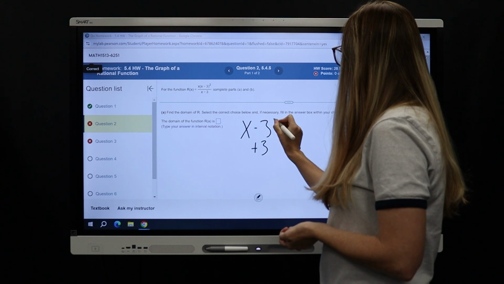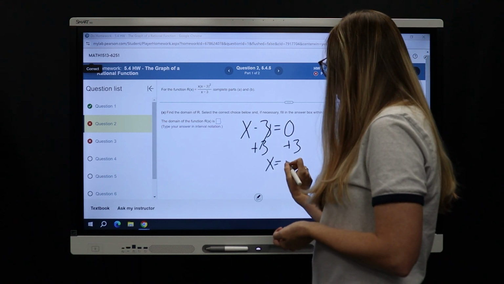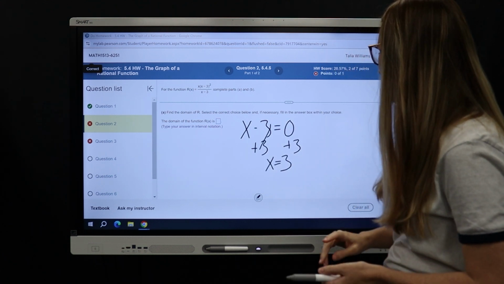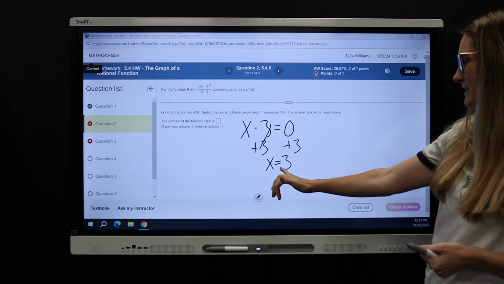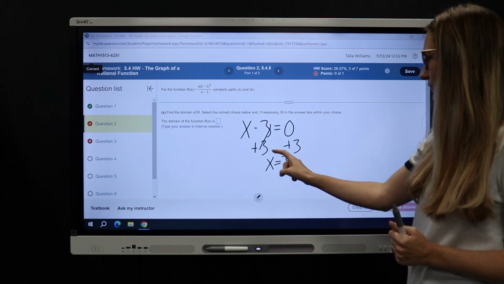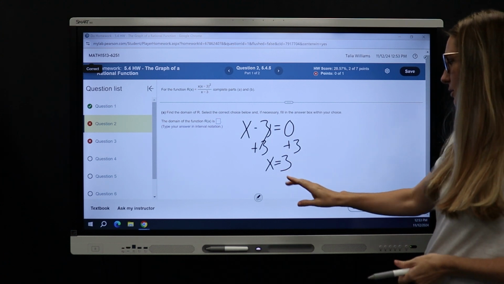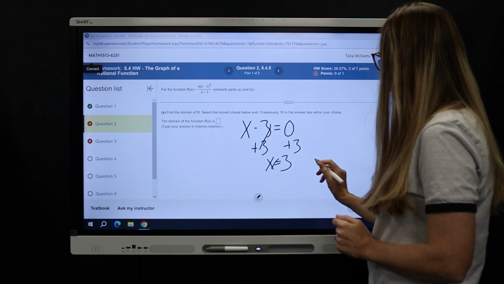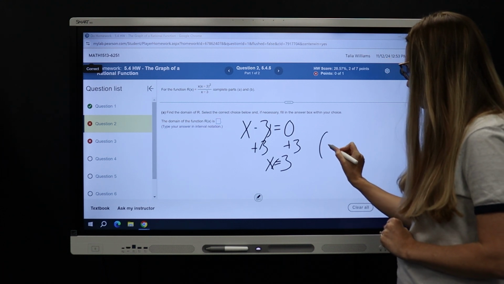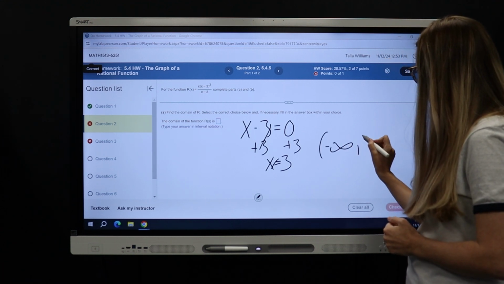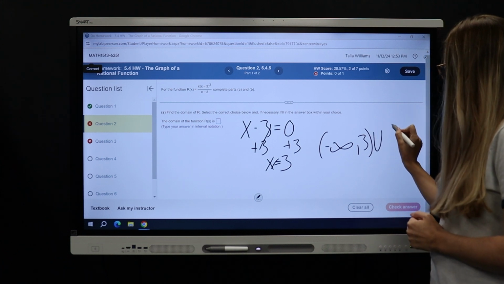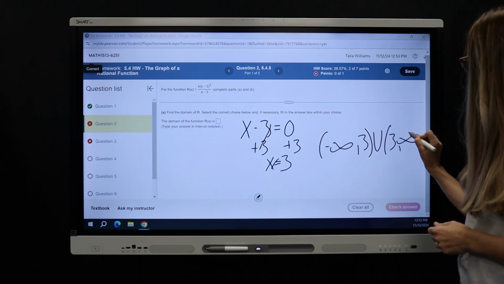If anything, at the end of this course, you'll know that 0 cannot be in the denominator. So when x equals 3, this is that vertical asymptote, and that is the value that cannot be included in our domain. So we're going to make our intervals -infinity to 3, unioned with 3 to infinity.